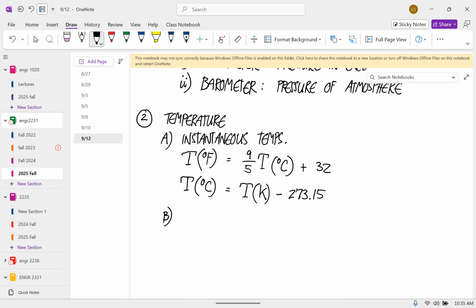And then we talked about temperature changes. And those work a little differently. So the change in the temperature in Fahrenheit is 9/5 times the change in temperature in Celsius, but there's no additive constant.